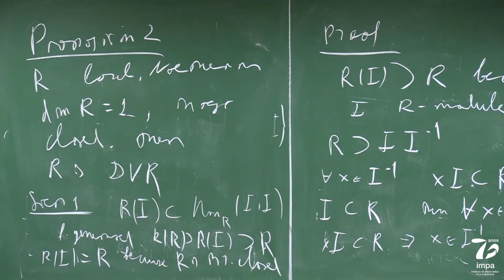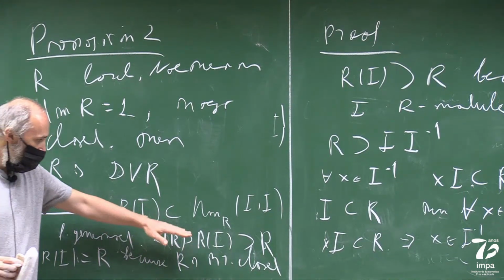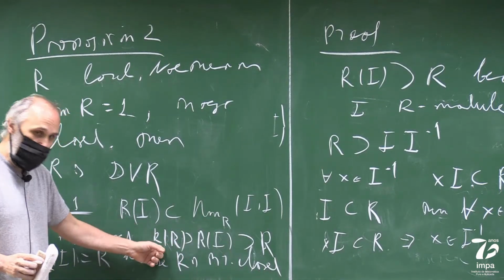This element of Hom, because of using just x going to Rx, is an element of Hom, just multiplication by the element of R of I. It belongs to K of R by definition.